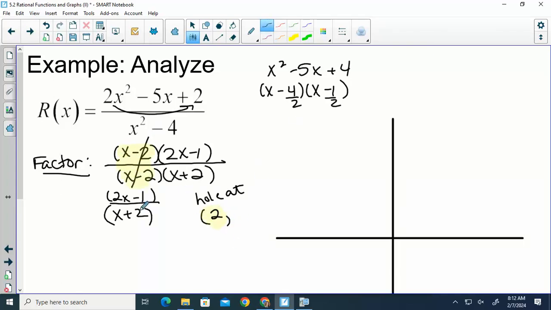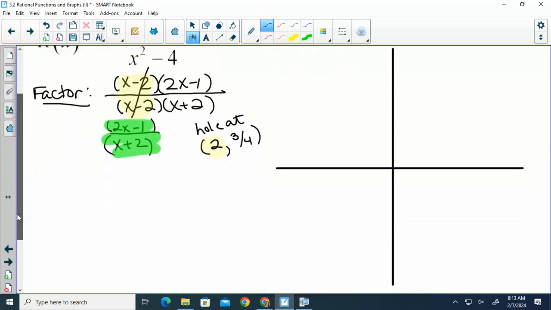To get the y value, you plug 2 into the fraction that's left. So if we do that, we would get 4 minus 1, so 3 over 4. Wait, how do you get the y? You put the x value into the fraction that's left.